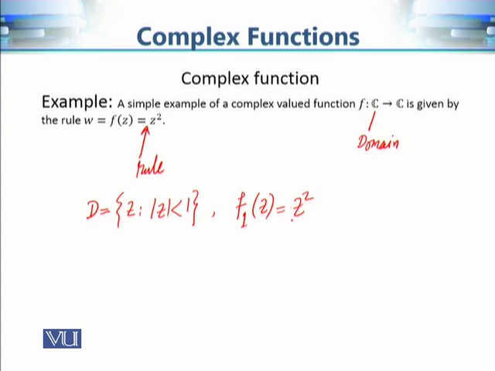The rule is the same, but the domains are different. Since there are two main parts of the definition of a function, the domain and the rule for relating the elements, these are two different functions. Similarly, if the domain is the same and the rule is different, then once again they are different functions.